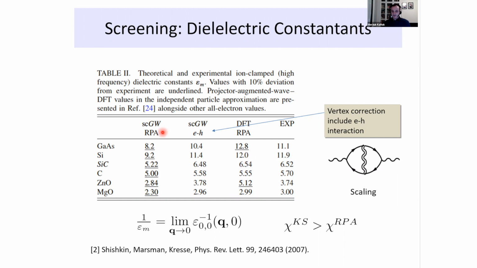So how can we understand that? It can be understood by noting that the Kohn-Sham band gap is smaller than the one of the self-consistent GW method.